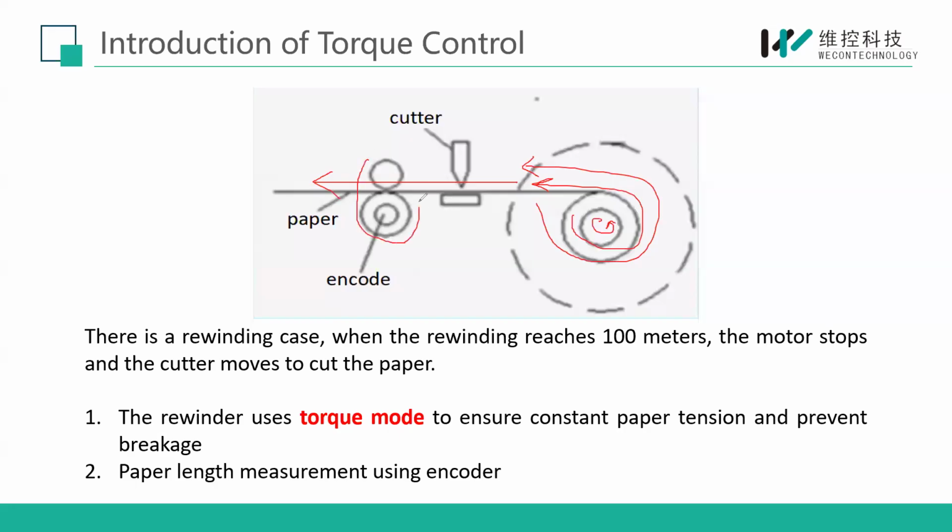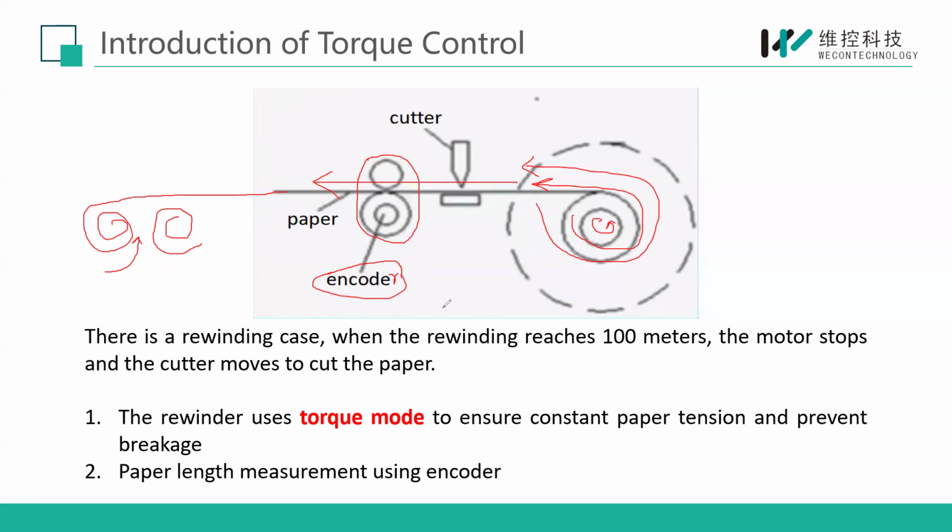And this is a distance measuring encoder to check the distance on the paper. Usually we may have another roller here, rotating in this direction to unwind the paper.